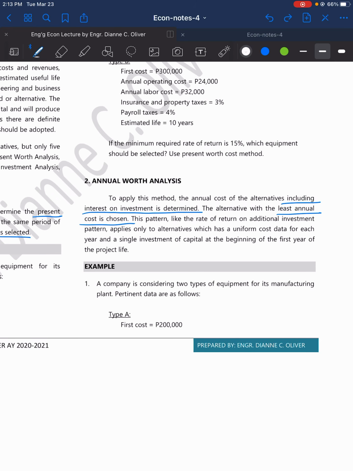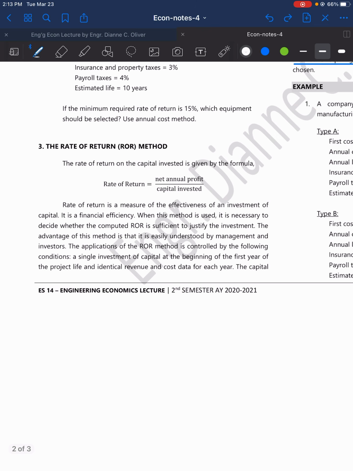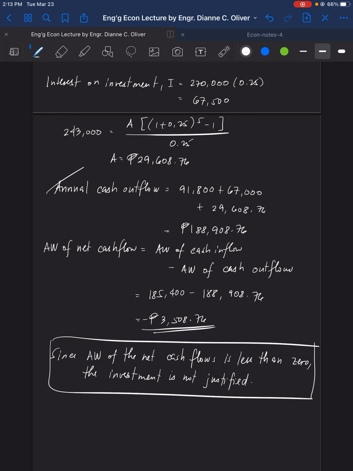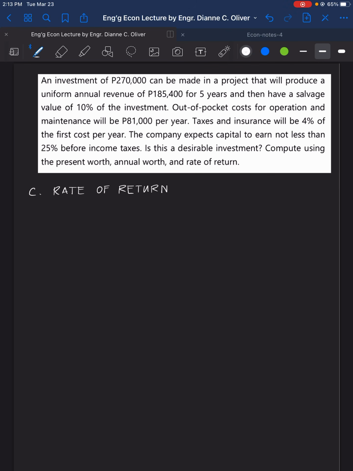Last, we have the ROR, the rate of return method. Same problem, but this time the rate of return. Again, this is similar with the annual worth, but the one missing is the interest on capital.